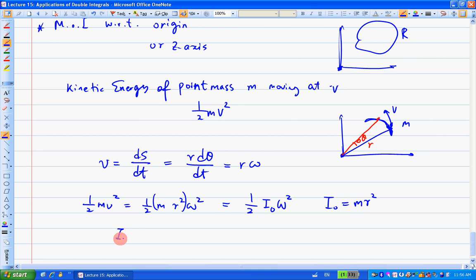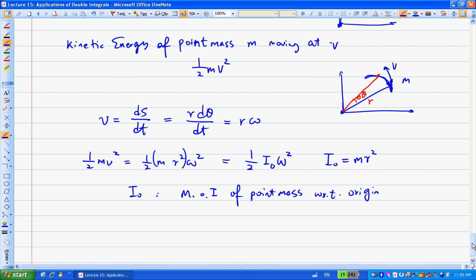So this I naught is the moment of inertia of this point mass with respect to the origin, or with respect to an axis passing through that origin vertically. That makes sense?